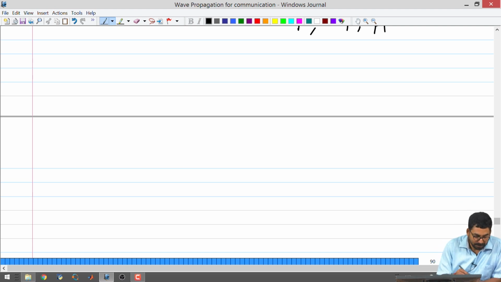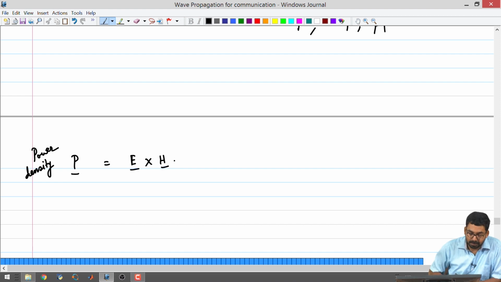So, the power density is defined as E cross H. Remember that the power density is a vector, it does have direction, it tells you where the source is and where the sink is.